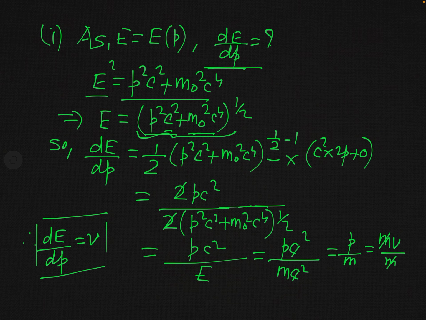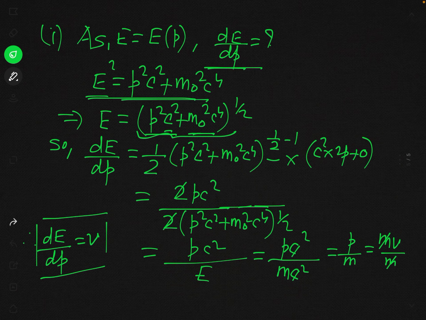So remember this is a very important formula, that due to unit change in momentum, the change in total energy is simply equal to velocity of the particle. So dE by dP equal to V. This is a most important formula, and you will find its use in solving numerical problems. And if you remember it, you will find that at several places the solution of a problem becomes very easy.